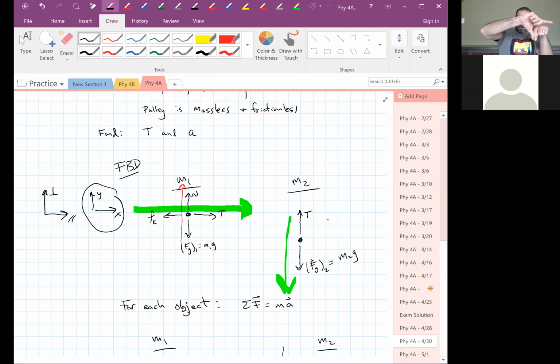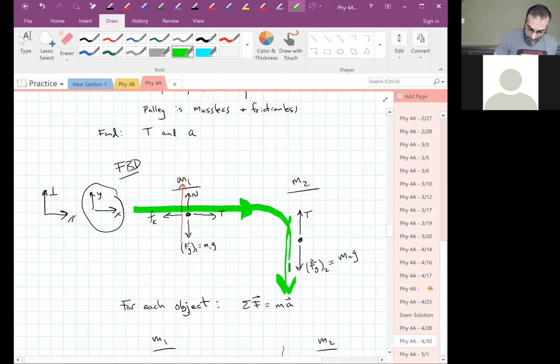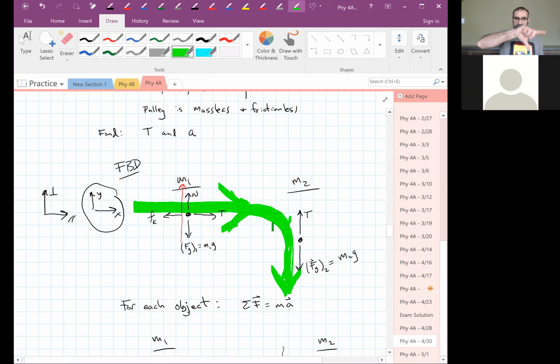So for block 2, I've got parallel to the direction of motion and perpendicular to the direction of motion. So my coordinate system, really what's happening here is this is one direction. And my coordinate system just follows it along.